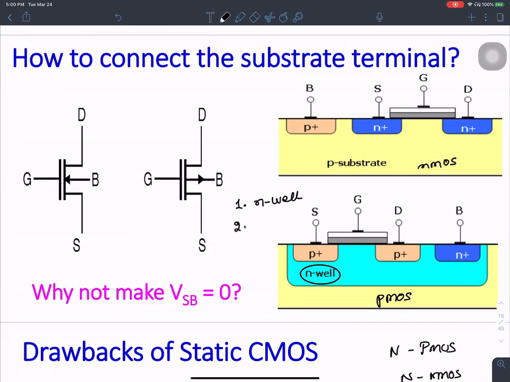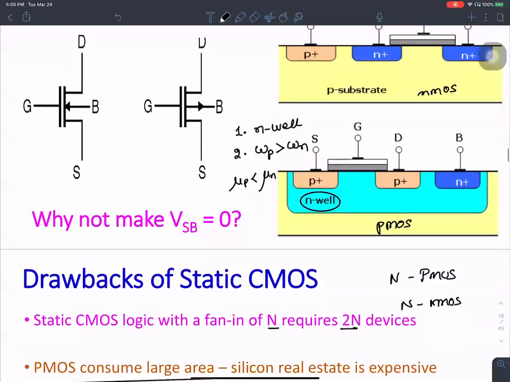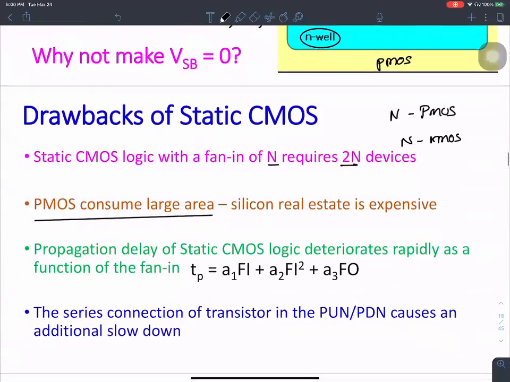The second reason is that we typically like to have WP greater than WN, because mu P is less than mu N. In order to compensate, we have PMOS transistors that are much wider than NMOS transistors. So for these two reasons, the PMOS transistors consume a lot of silicon real estate.